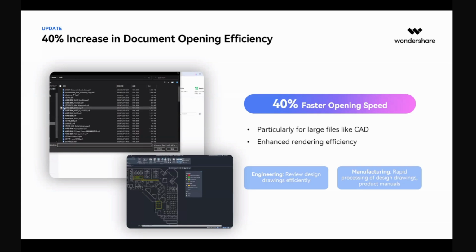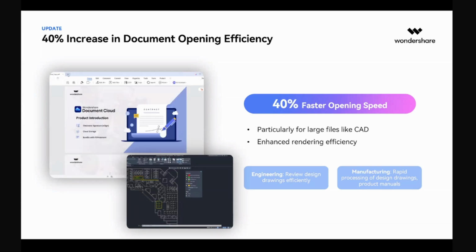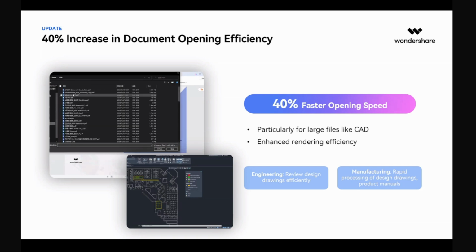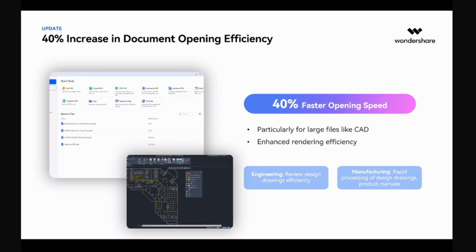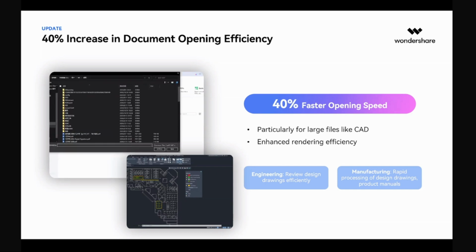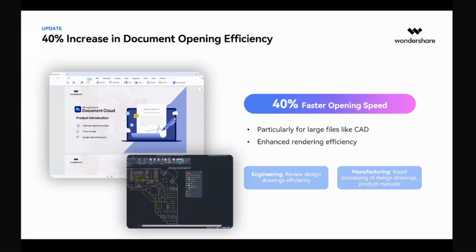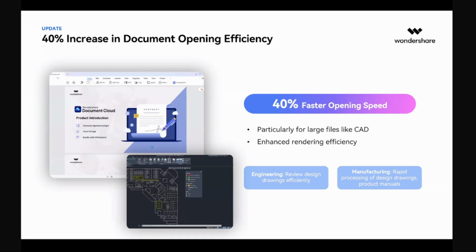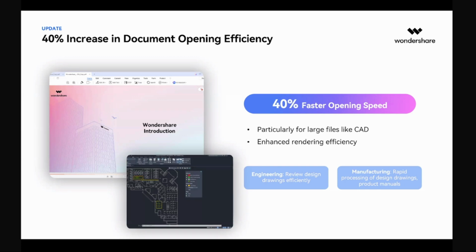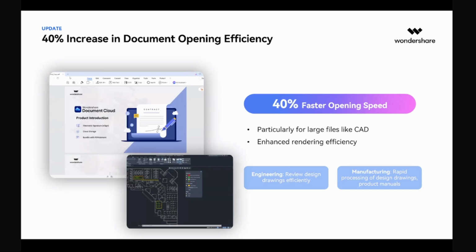Here we introduced efficiency. For example, as you know, PDFelement supports large files. When you open a large file like this JD file or a big canvas file on PDF, it used to take a second or sometimes a minute to load the whole file and put it on the screen, especially if there is a high-definition image or a lot of content.